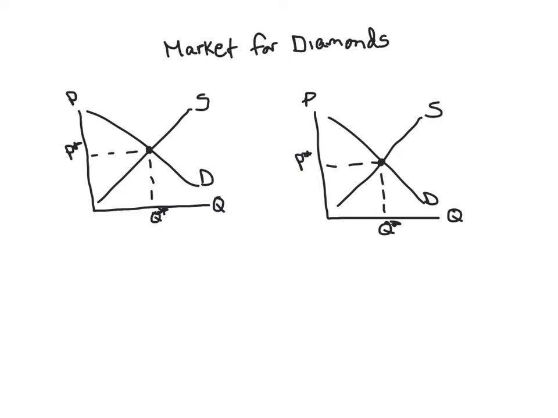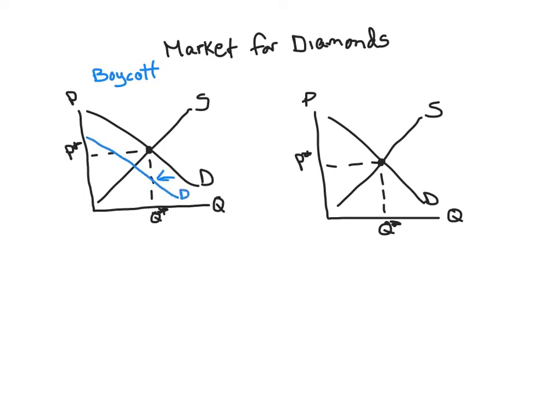So let's start with the first factor, the boycott because of the movie Blood Diamonds. All right, how would a boycott affect the market for diamonds? Well, if consumers are not buying diamonds, then the demand curve for diamonds is going to shift in.